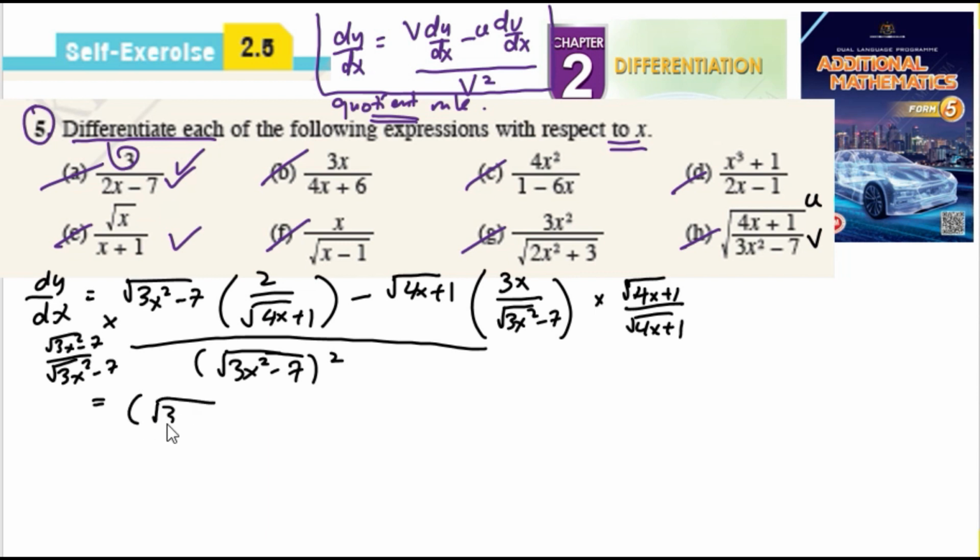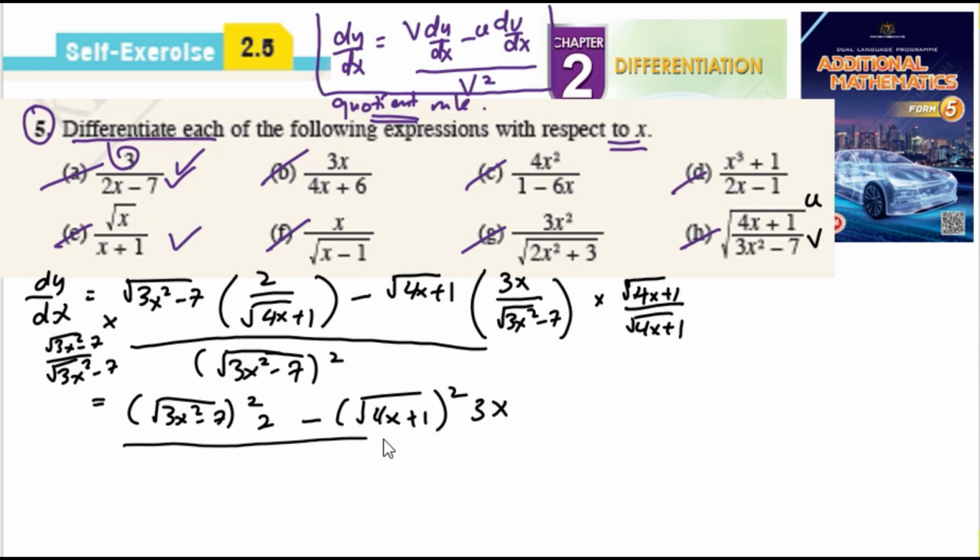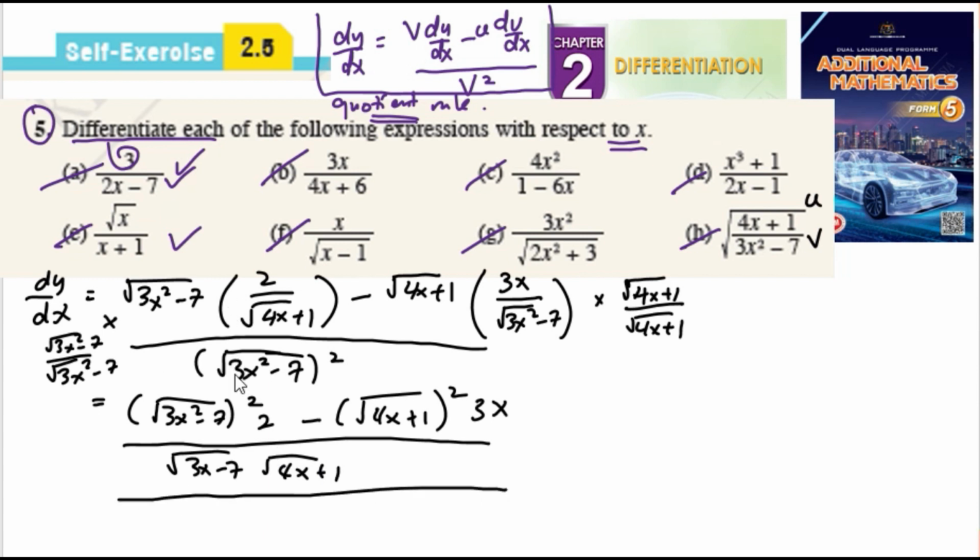So here when you multiply, you see this one and this one is equal. So we have (3x squared minus 7) squared, right, times 2 minus, so this one and this one is equal, so we have (4x plus 1) squared times 3x, so divide with, now we have denominator of the square root of 3x squared minus 7 and the square root of 4x plus 1. So here divide, so this one you see here, and square can be cut off, so we have 3x squared minus 7.